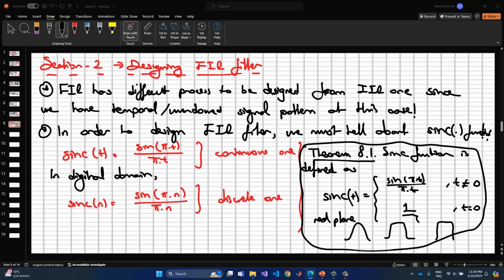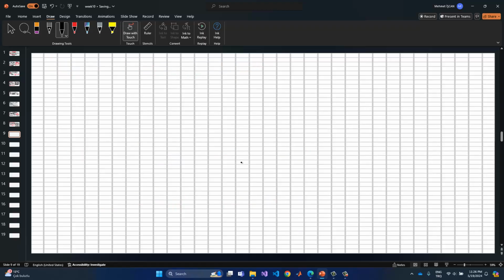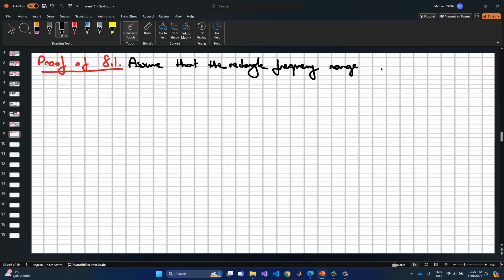Firstly, in order to understand the importance of this function, the proof can be given by Theorem 8.1. Firstly, assume a rectangular frequency range pattern like this one.